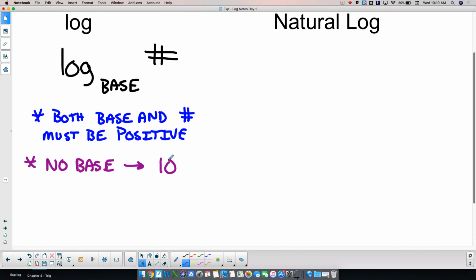That's called a common log, base 10. Your scientific calculator has a log key on it, and that log key is log base 10.